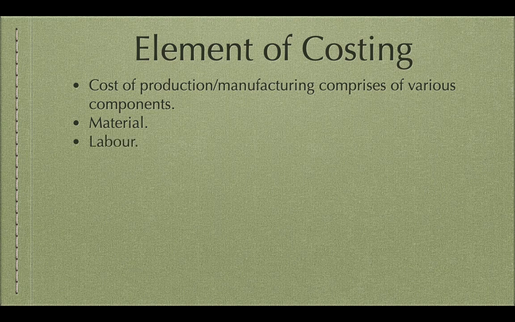Second is labor, the workers who are working in the factories to convert the raw material to final products. And the third element is expenses. Other than material and labor, the other expenses which we are charging for the finalization of a product are the expenses.